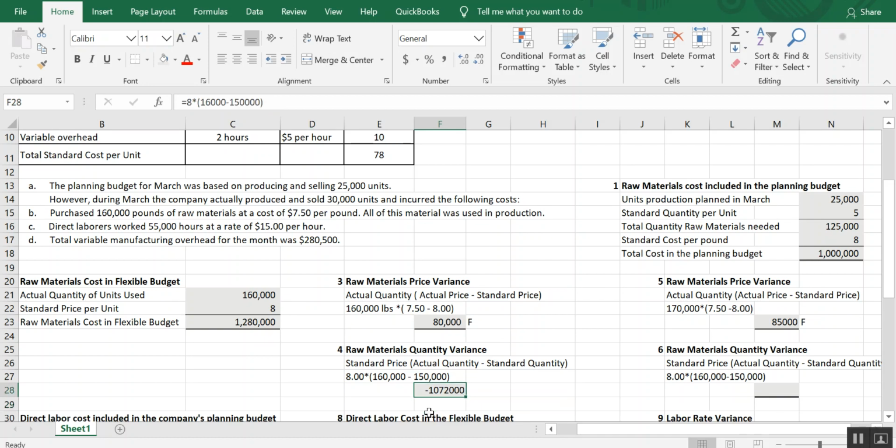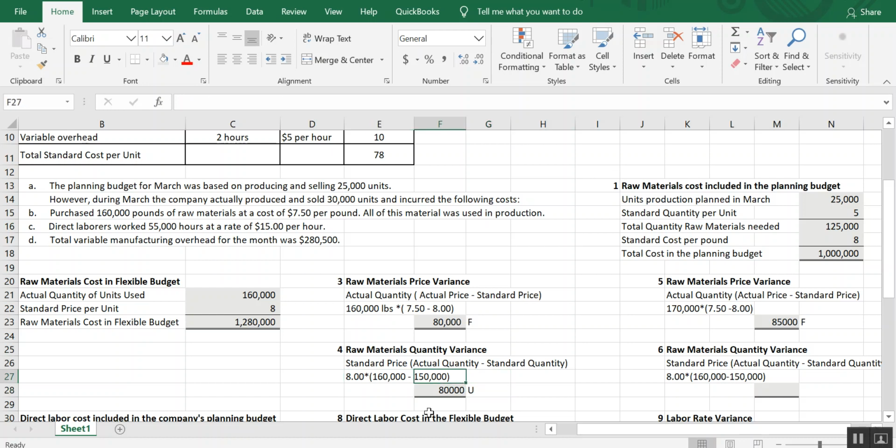Oh, I put too many zeros in. That's going to be, no, I didn't put enough zeros in. 160,000 minus 150,000. That's going to be an $80,000 variance. But because we used more material than we had in the standard, it's going to be an unfavorable variance. Now that can be a problem with standard costing approaches, standard pricing or standard quantities.